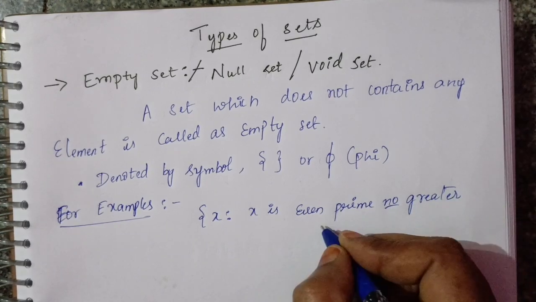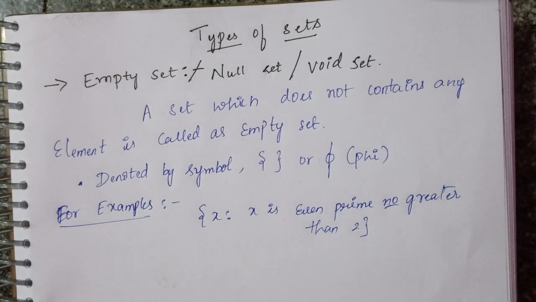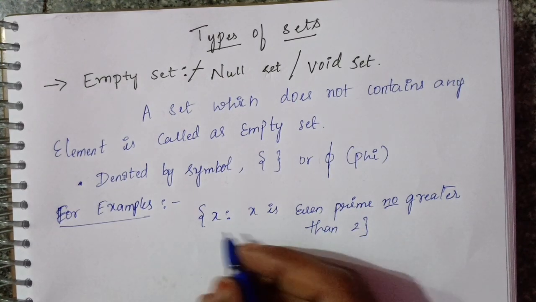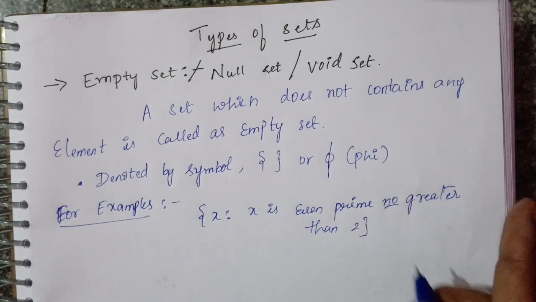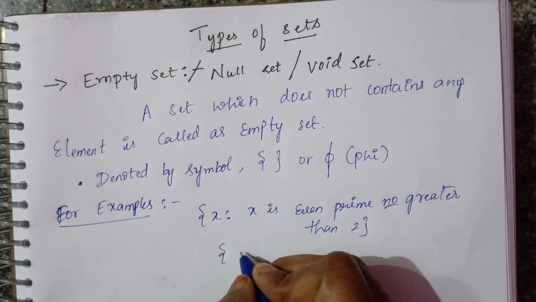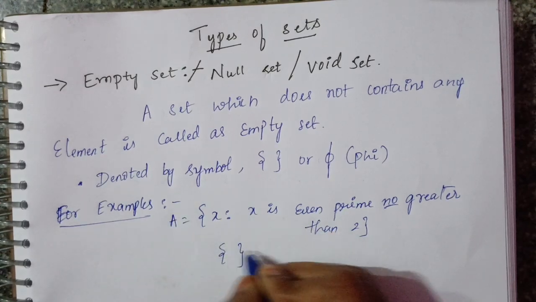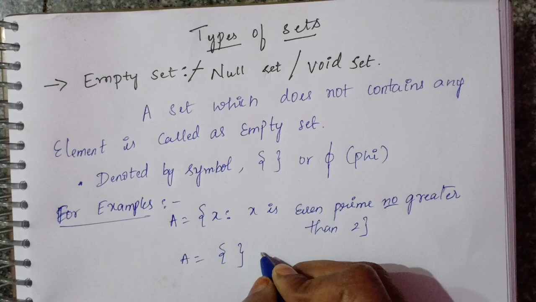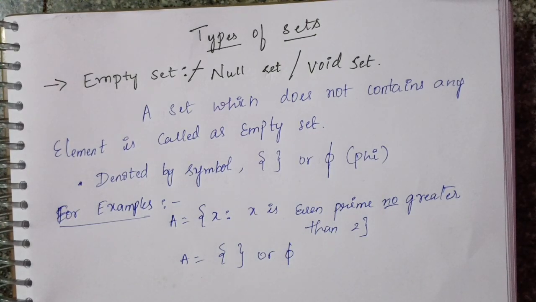Among prime numbers, only one even prime number is there, that is 2. Greater than 2, no even prime number is there, so it is an empty set, or we can call it phi.